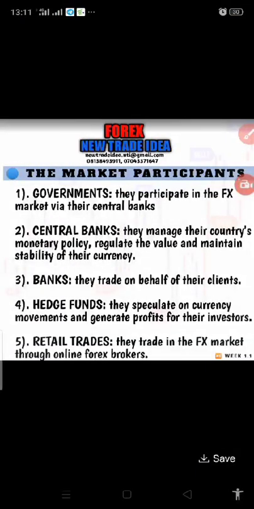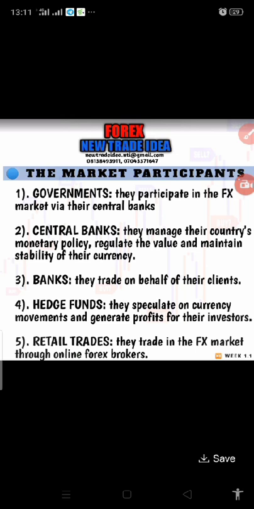Who are the market participants? We have the governments. They participate in the forex market via their central banks. We normally see the governor of a bank come up and make statements that impact a particular currency in a certain way, making traders have the sentiment of either buying or selling that currency, depending on the country.